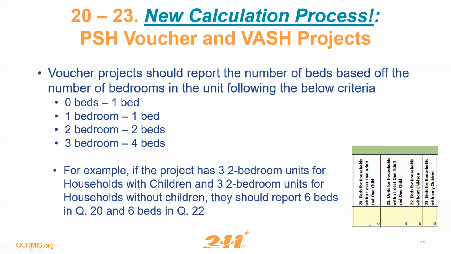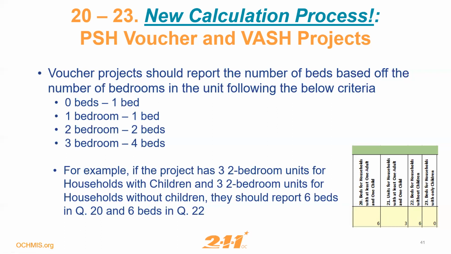So you see here on question 20, we typed in 6 in the HIC Answer Form, and then since they had 3 units, they typed in 3 for question 21, and then since they have 3 2-bedroom units, and 3 times 2 is 6, they typed in 6 for question 22. So since the bedroom is 2 units and 2 bedrooms is associated with 2 beds, then 3 times 2 is 6 beds. So hopefully that is clear.